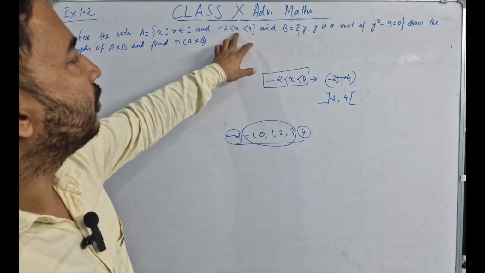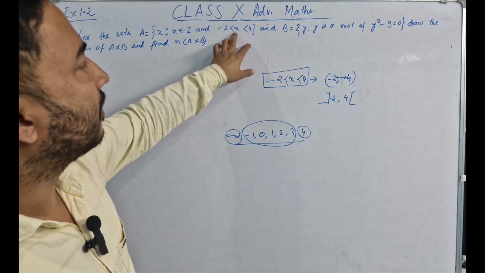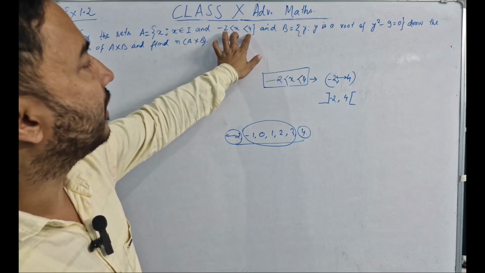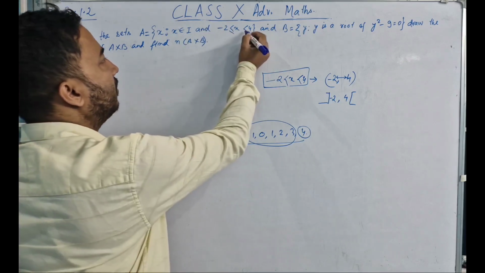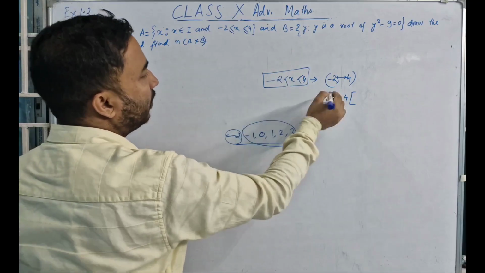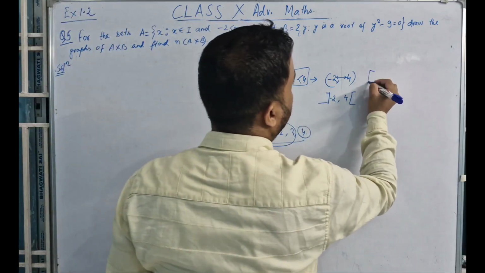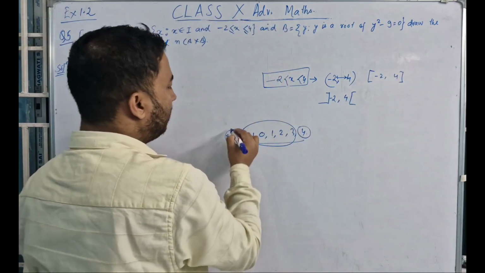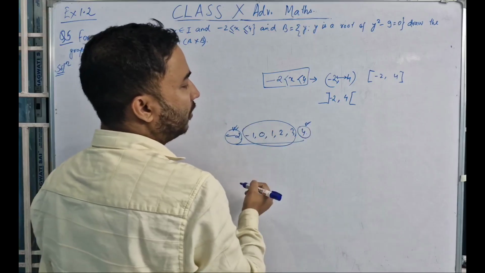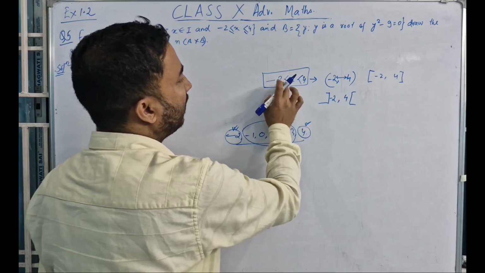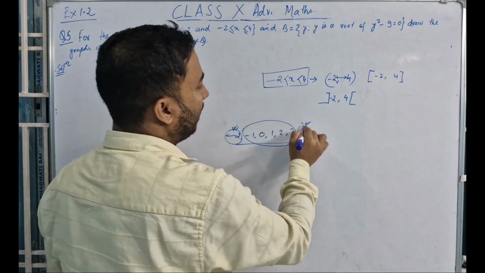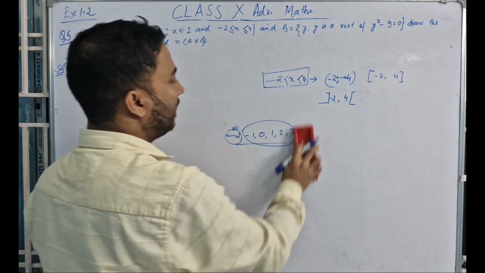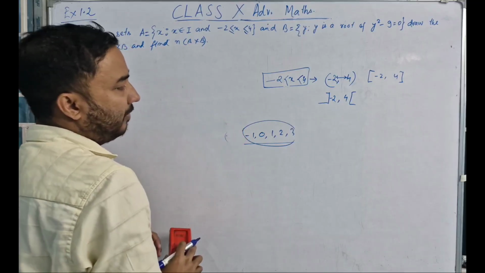That means X should be greater than -2 and less than 4. If it were less than or equal to, it would be a closed interval and we would consider these two values also. But since it is an open interval, with no equal sign, we do not take these two values. So our required elements are these 5, right?